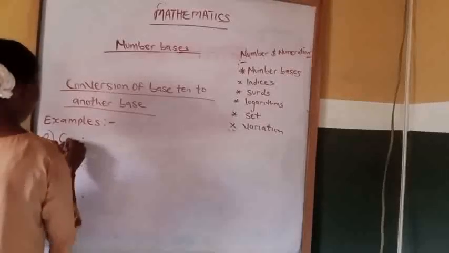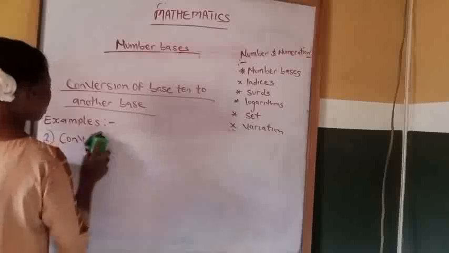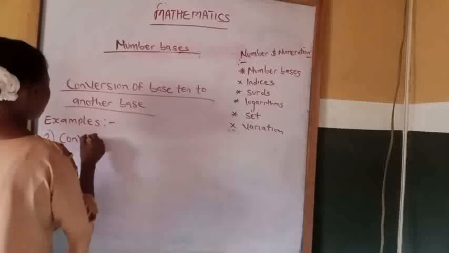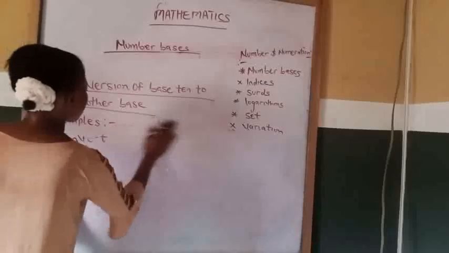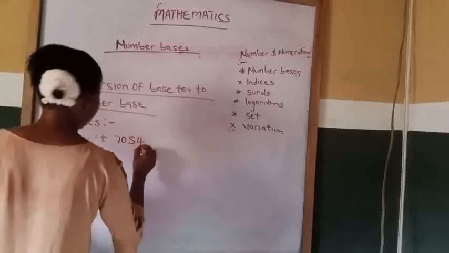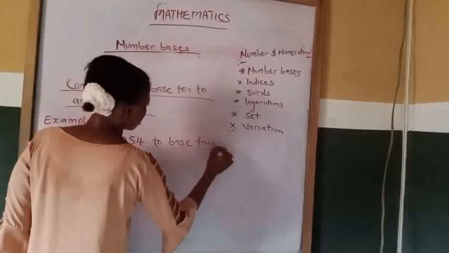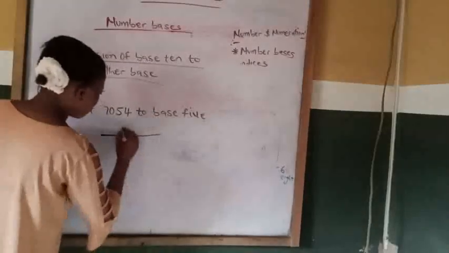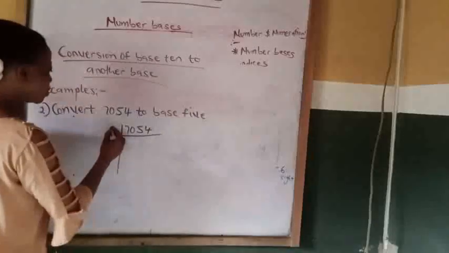Example 2. Convert 7054 to base 5. 7054 to your new base, that is base 5.